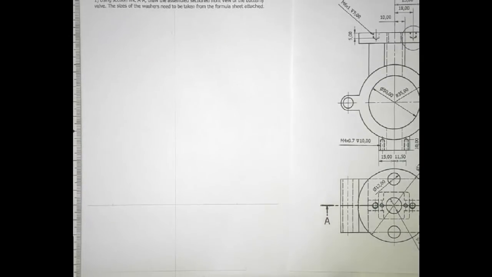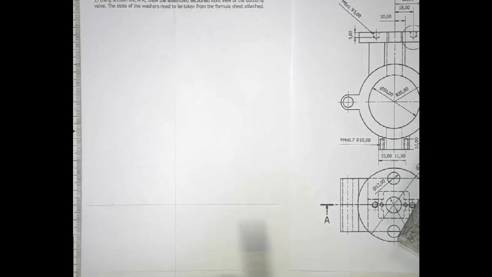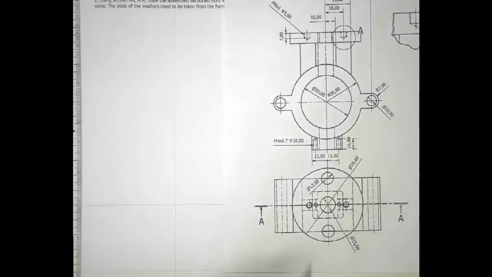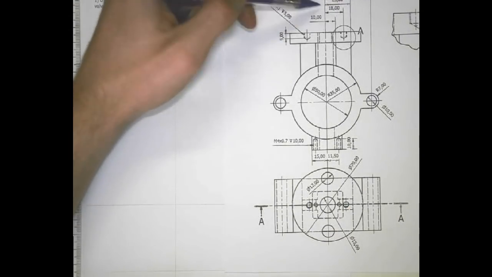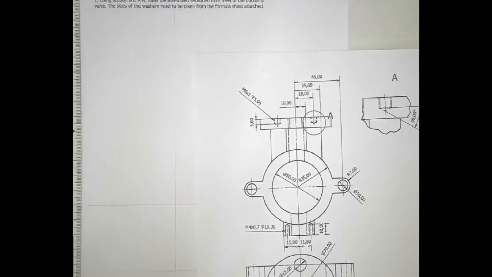So what we then do is, from our baseline on our center line, we measure up 45 and we draw in that line. Then, to get the center of these two circles, we're going to take 45 again, because that's our dimension.